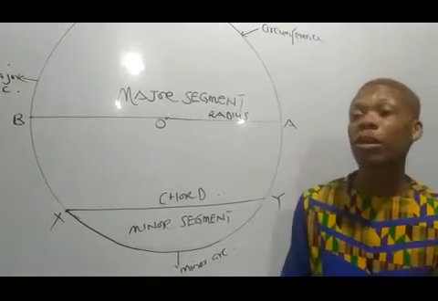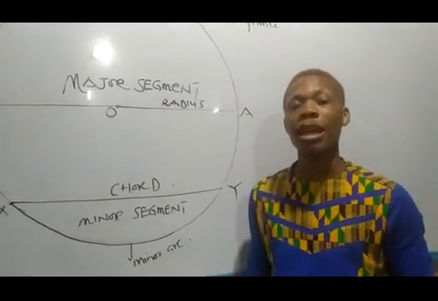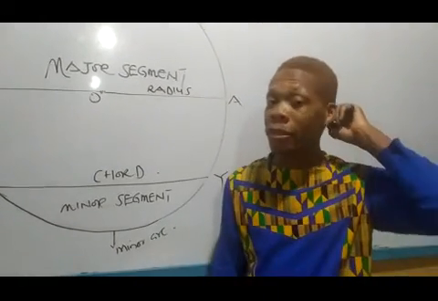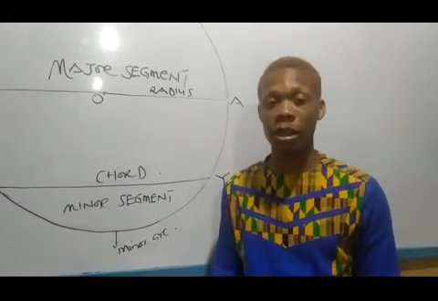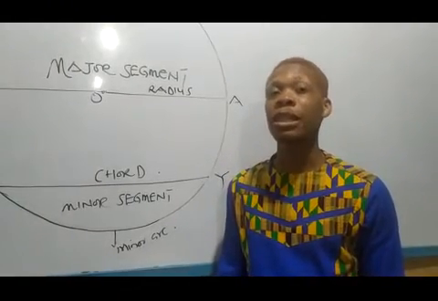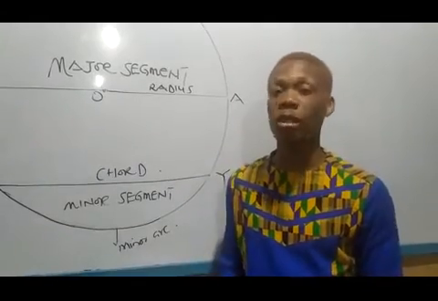Now, I also explained what a tangent is to you. A tangent is a straight line which touches the circumference of a circle. And I explained that it shouldn't cut through the circle, but it should just touch the circumference.